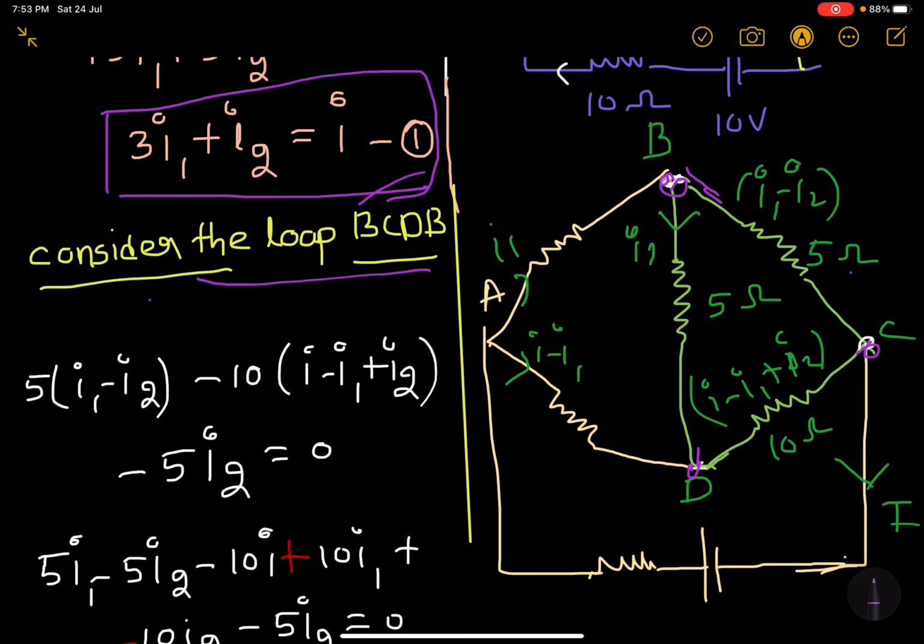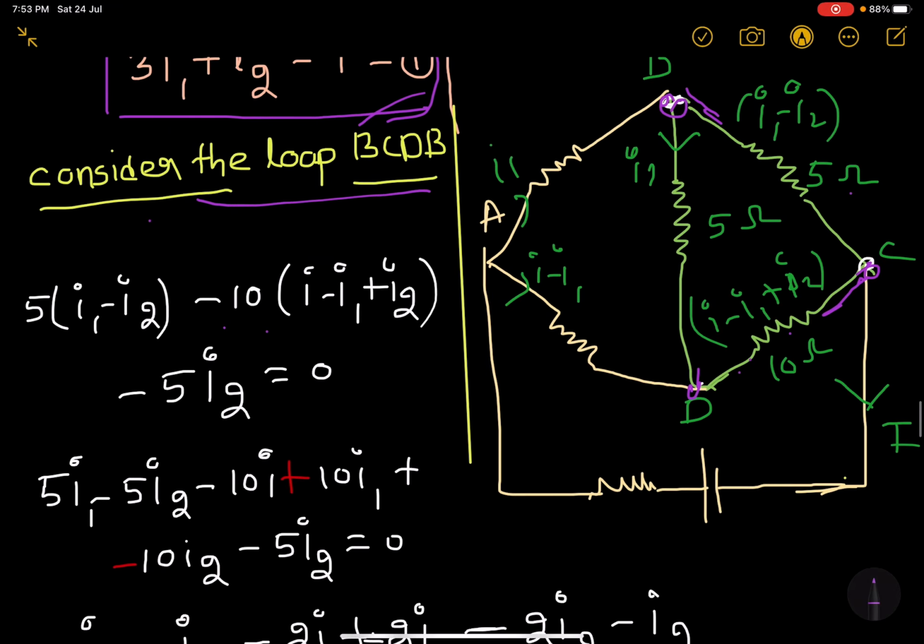From C to D I am going opposite to the current, so minus 10 times I minus I1 plus I2. Then going through E to point D, it is opposite, so minus I2.